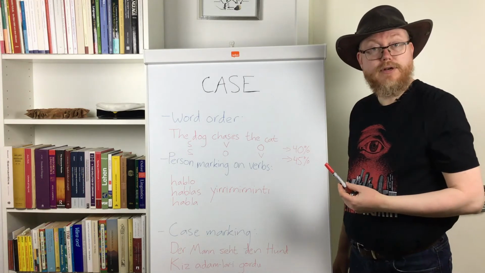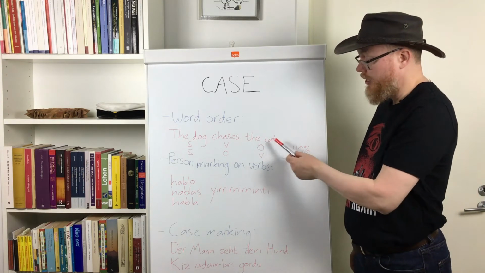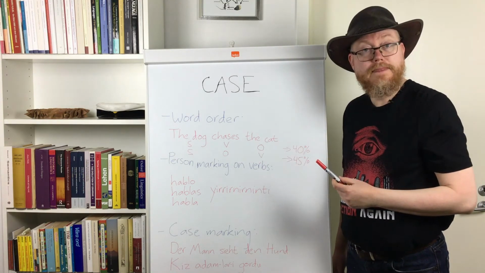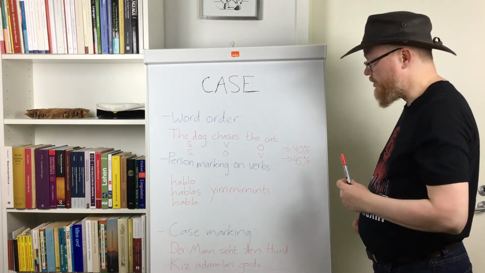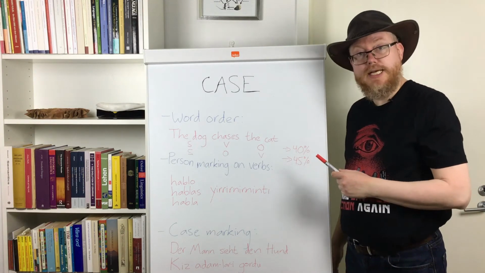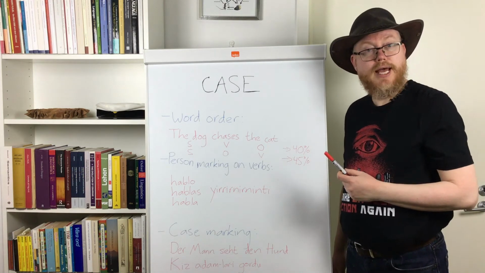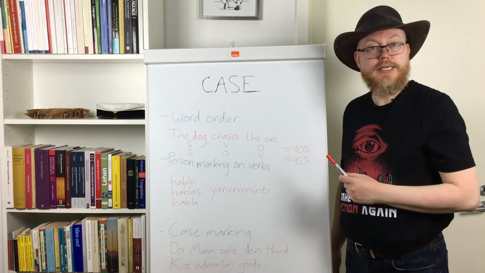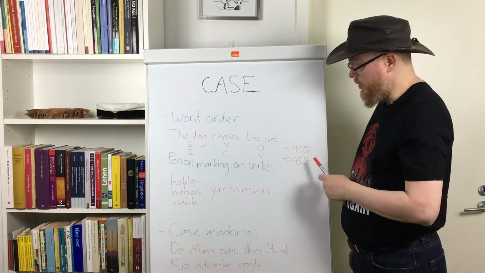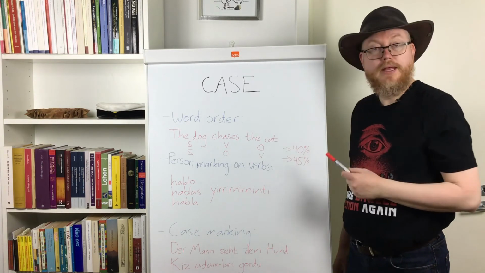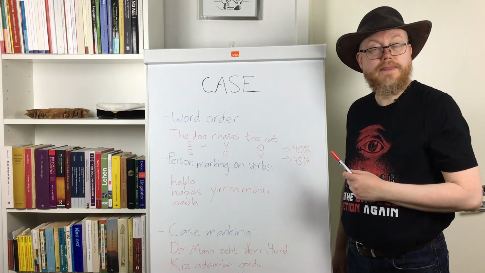And in a transitive clause, the object comes after the verb. This, as it so happens, is the second most common word order found in languages around the world in transitive clauses in no less than 40% of all languages.